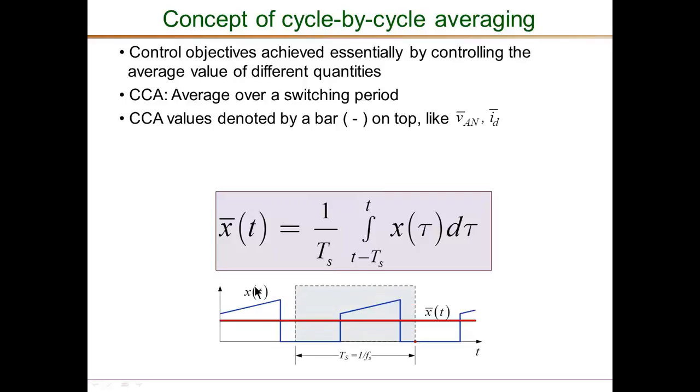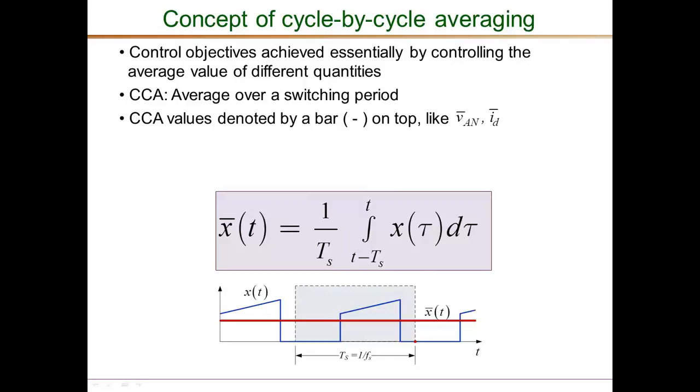Pictorially, let's say this blue waveform is x(t). It could be a voltage or a current or any other quantity. If you're interested in finding its CCA value exactly at this time, denoted by this red point, then consider one switching period before this point, before time t. That will be this shaded box. Just take the average of this blue waveform in that box.